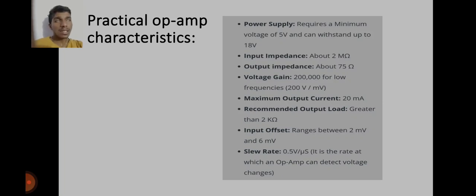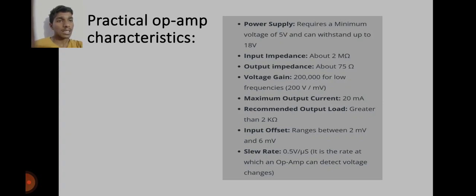We previously discussed that in the ideal case it is infinite, but practically infinite impedance is not applicable, so the practical value is 2 mega ohms, and the output impedance is 75 ohms, whereas in the ideal case it is 0.